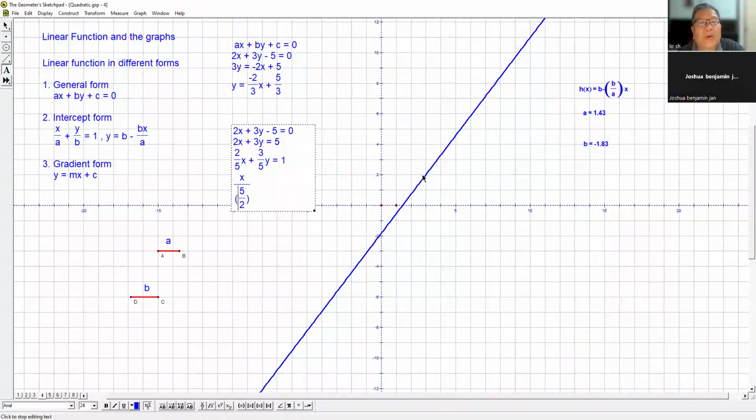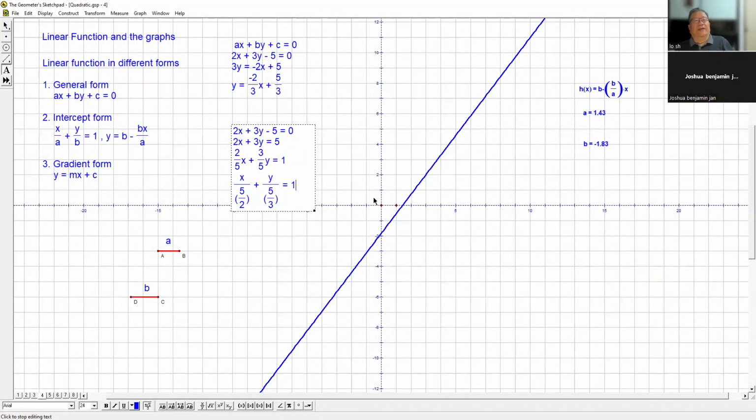Then the number below y is, no, this is 3, this is 5 over 3. Okay. So this will be my equation, linear function in intercept form.